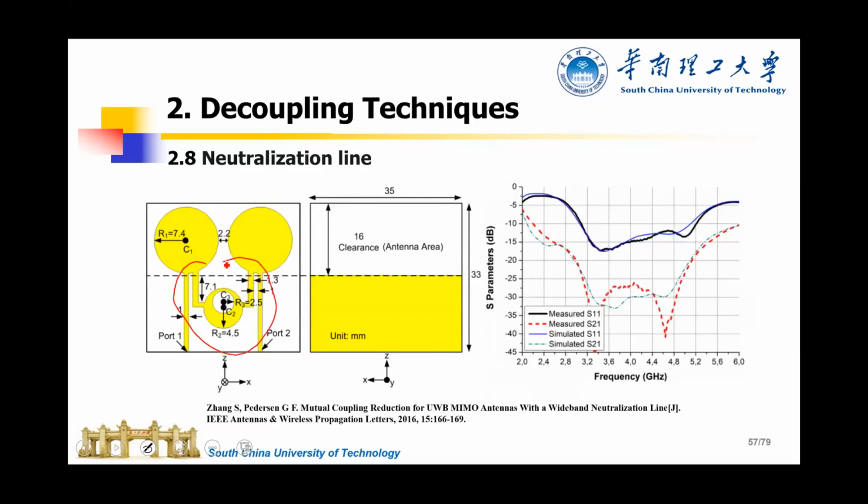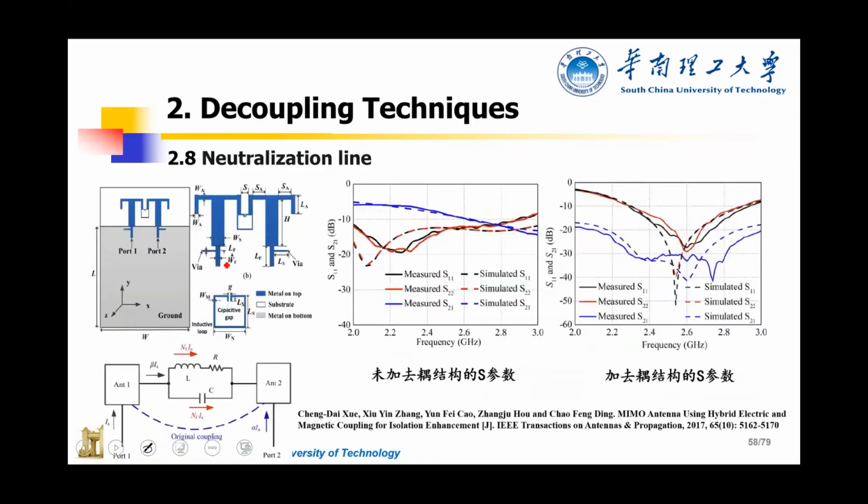In this work, I think it is a very simple decoupling network, because this neutralizing line is just on the microstrip. This neutralization first uses the inductive coupling, and the inductance like this.